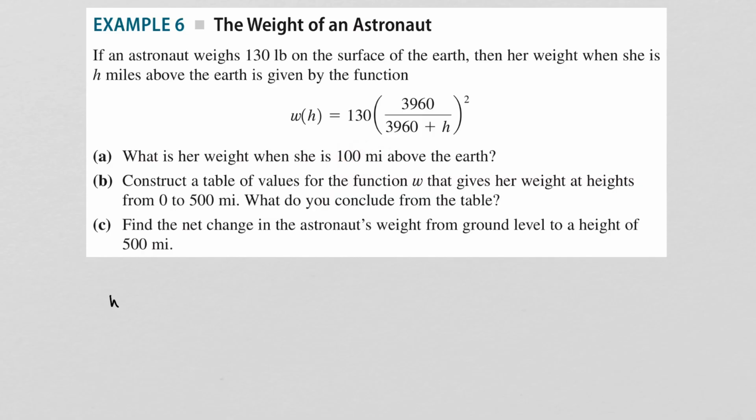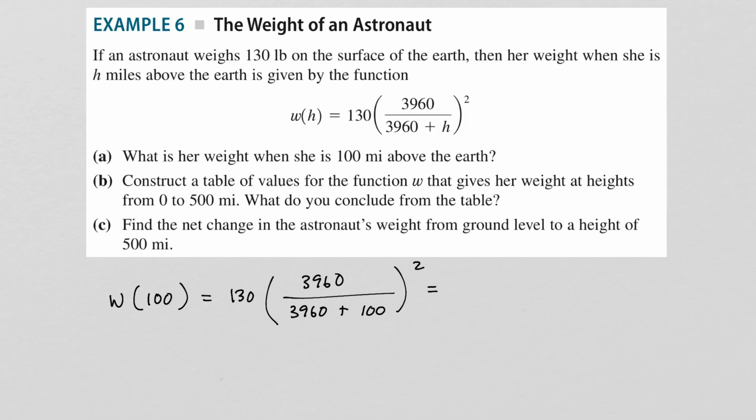So what is the weight at a height of 100, which stands for 100 miles? So to get this, we just need to plug in 100 here for h. So what we have is 130 multiplied by 3,960 divided by 3,960 plus 100, quantity squared.